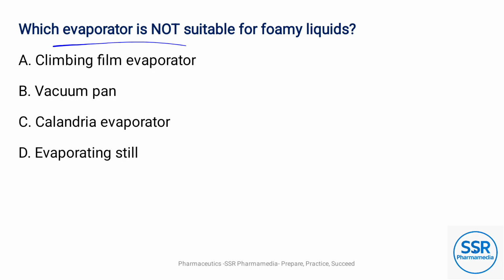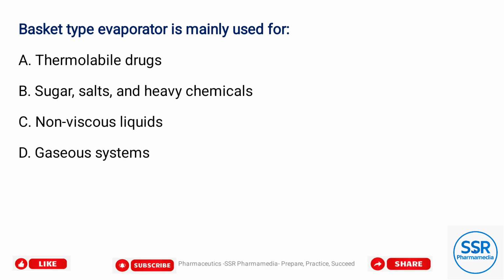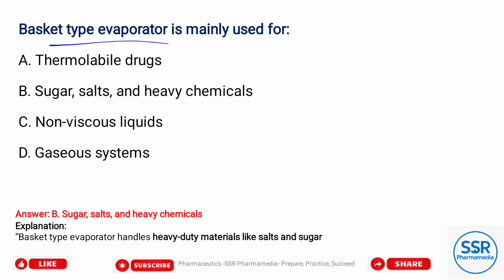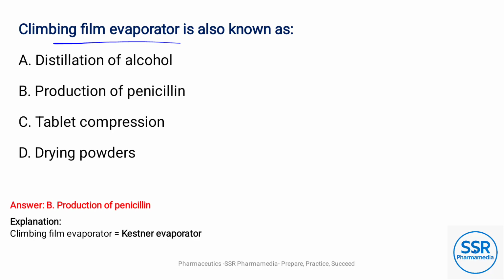Which evaporator is not suitable for foamy liquids? Option C, calandria evaporator. Basket type evaporator is mainly used for option B, sugar, salts and heavy chemicals. Climbing film evaporator is also known as option B, production of penicillin.